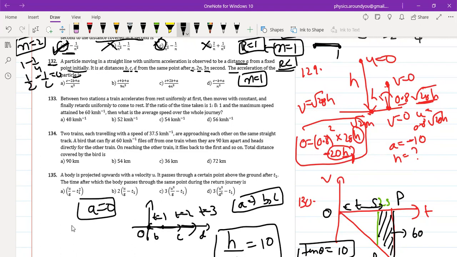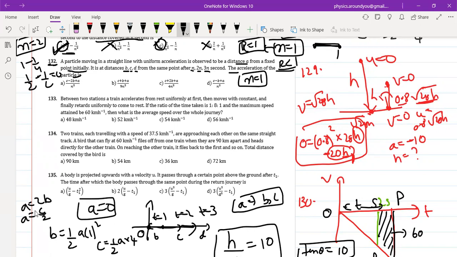First equation, S equal to ut plus half at square: b is equal to half A into 1 square. For the second, c is equal to half A into 2 square, which is 4. From here I get A equal to 2b. From here I get A equal to c by 2.